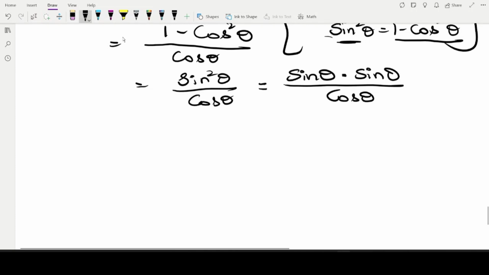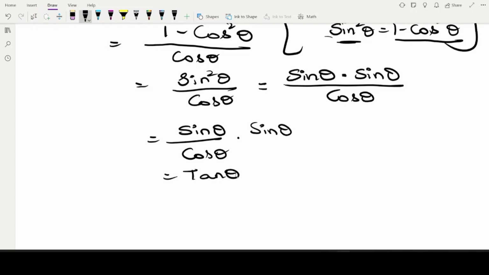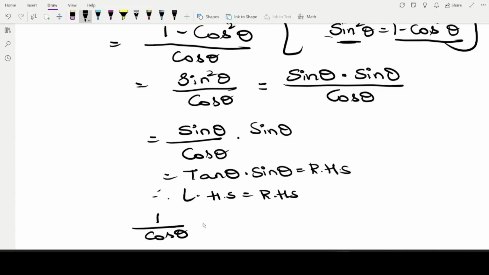So now you can write it as sin theta divided by cos theta into sin theta. What is sin theta by cos theta? Tan theta. Tan theta into sin theta, which is RHS. So therefore, LHS equals RHS.